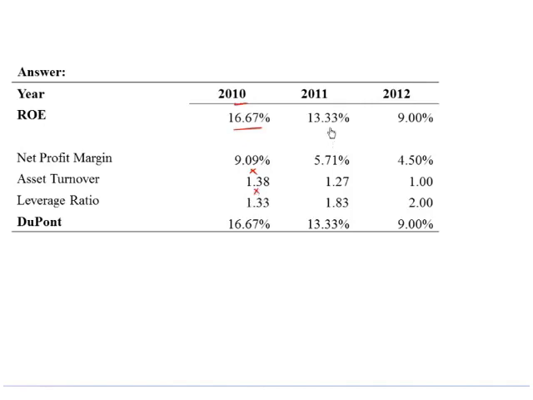Likewise, for 2011, we can see that the ROE of 13.33% can be broken up as net margin of 5.71% multiplied by a turnover ratio of 1.27 and a leverage ratio of 1.83. The ROE in 2012 has fallen further down to 9% with a similar split.